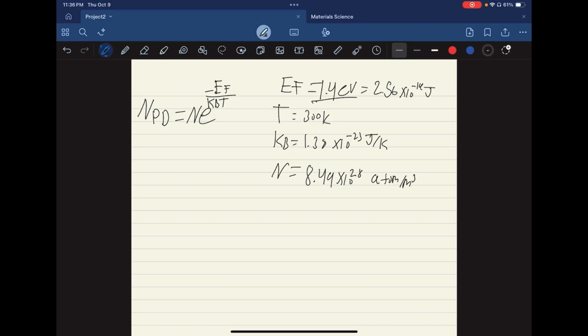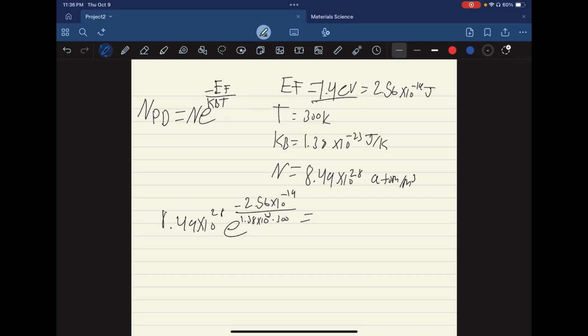K_B remains the same, and we find N with the same dimensional analysis idea. So we plug that all in, and we get 8.49 times 10 to the 28, e to the negative 2.56 times 10 to the negative 19 over 1.38 times 10 to the negative 23 times 300.